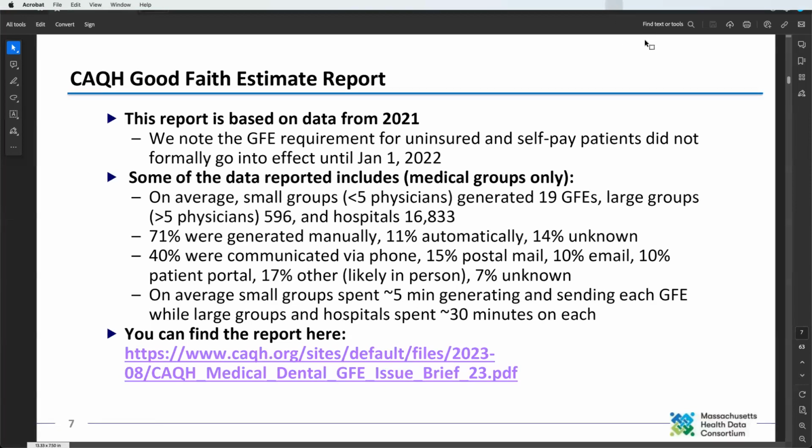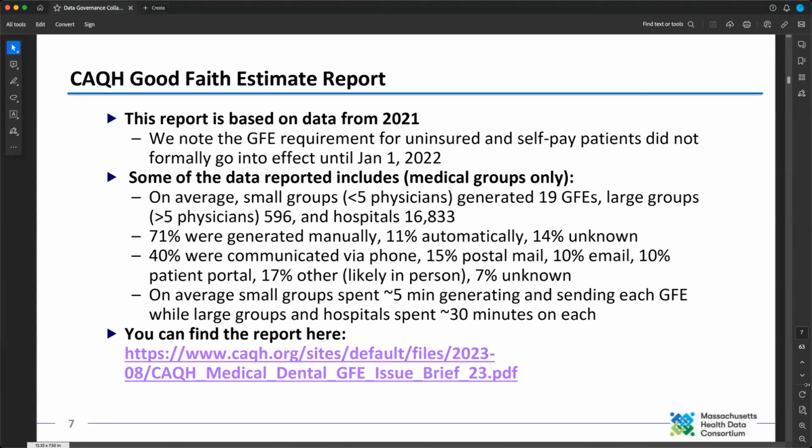So this is sort of the voluntary preview data. And as we look at it, you'll see that there are portions of it that don't actually comply with the No Surprises Act rules for good faith estimates. And since those were not in place yet, that's totally fine. So what will really be interesting is if they do this report again next year to compare the data and see whether people have moved into alignment.